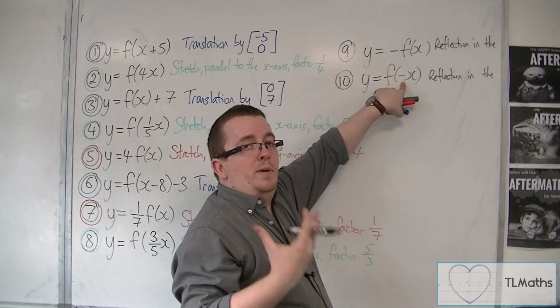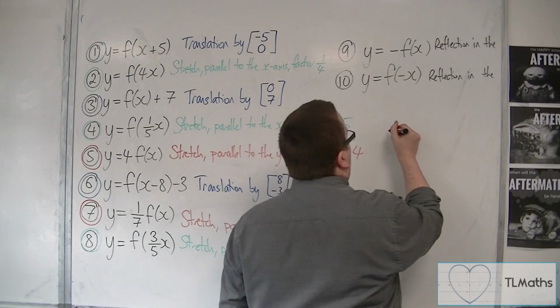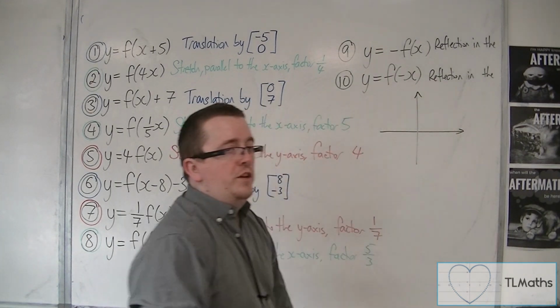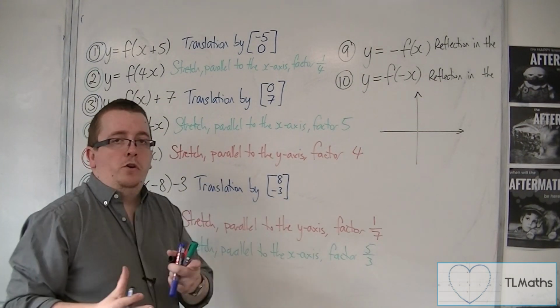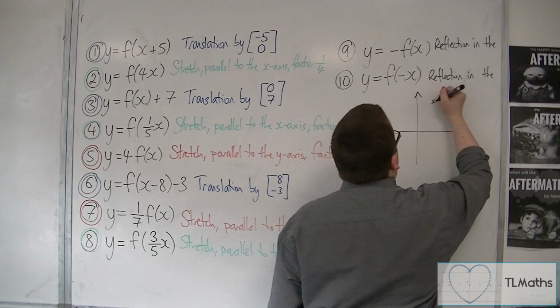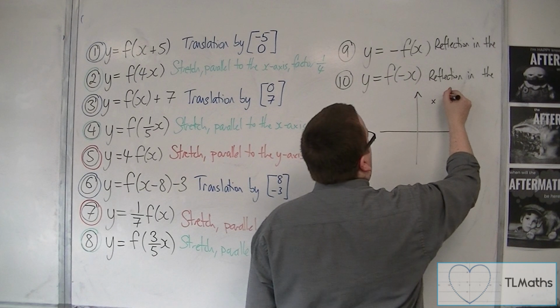Because the x is replaced with minus x, just think of a coordinate, any coordinate you like that isn't on the x or y axis. So let's choose this point here. This is the point 2, 7.